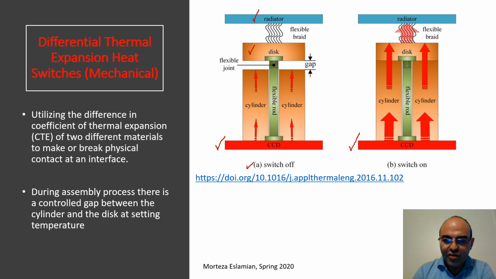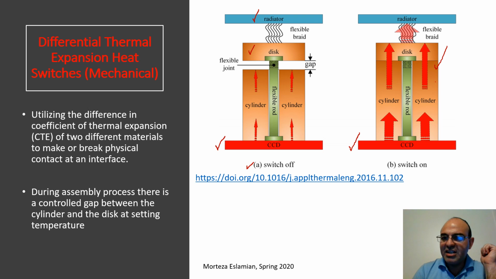So when the temperature of the hot plate increases, then the cylinder, which has a higher thermal expansion coefficient, will expand more than the central flexible rod. As a result, connection will be made between the disk and the cylinder.